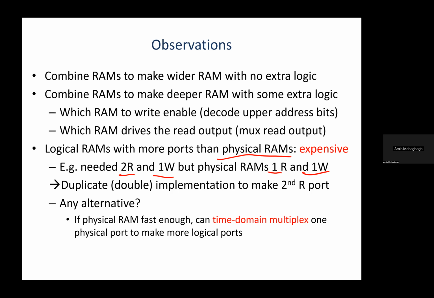It's fairly expensive, but the live value table makes it a much smaller table of just where the most recently written thing is. That's put in logic with lots of muxing and decoding, so it can have many, many ports. Then it looks up the full data words in the appropriate physical RAMs. Does that answer your question?